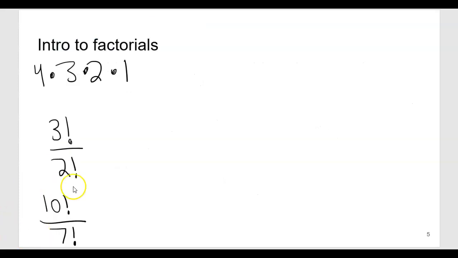Okay, we're going to talk about this idea of factorials. So when we do 4, 3, 2, 1, we took 4 and multiplied it all the way down to 1. And we got 24. Another way we could write that is 4 factorial. So that means to take every number after 4 and multiply it until you get to 1.